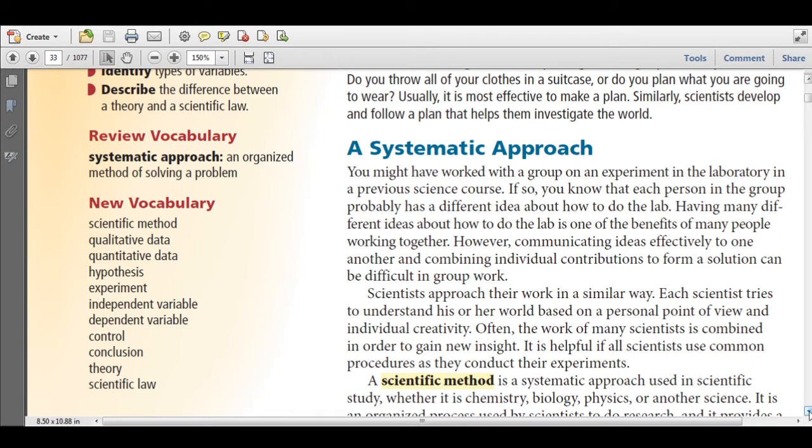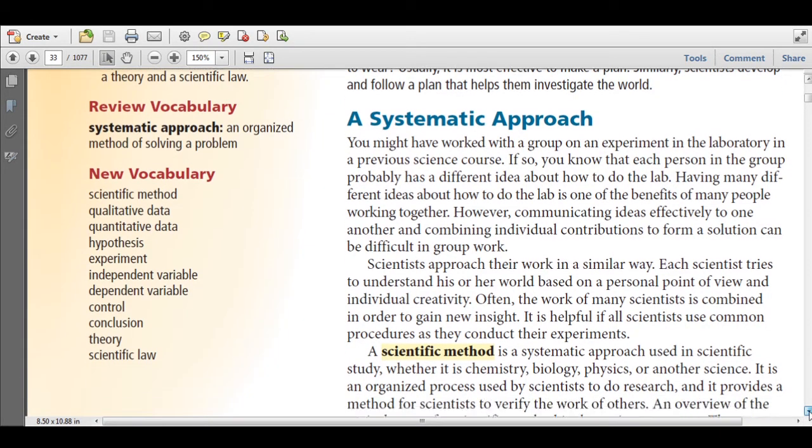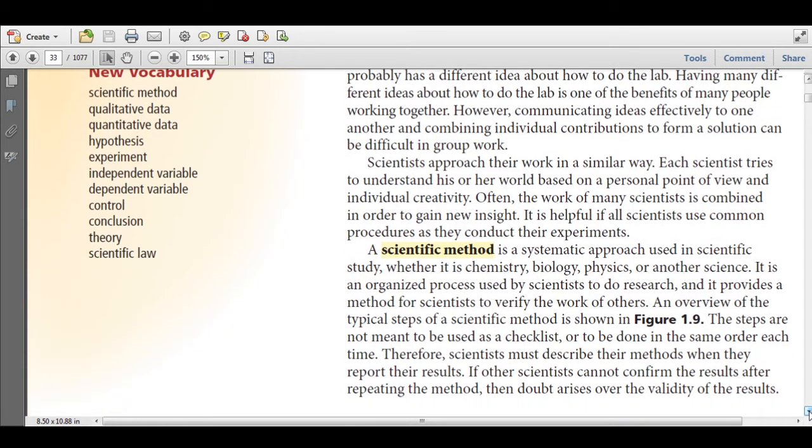Each scientist tries to understand his or her world based on personal point of view and individual creativity. Often the work of scientists is combined in order to gain new insight. It is helpful for scientists if all scientists use common procedures when they conduct their experiments.